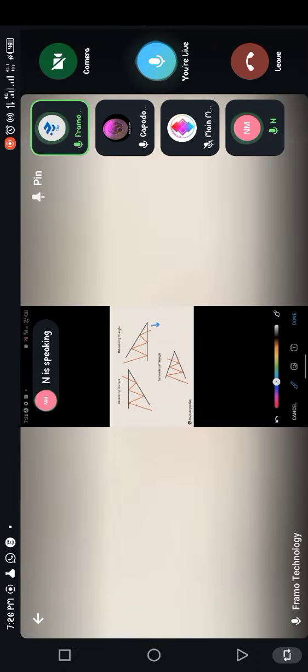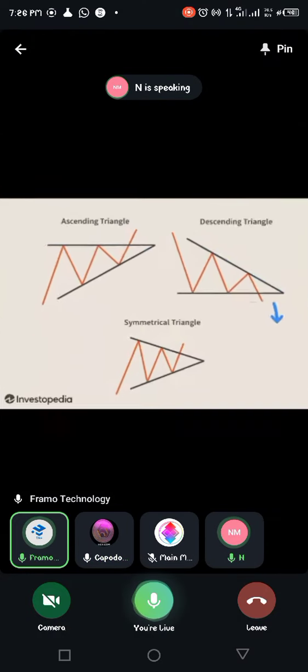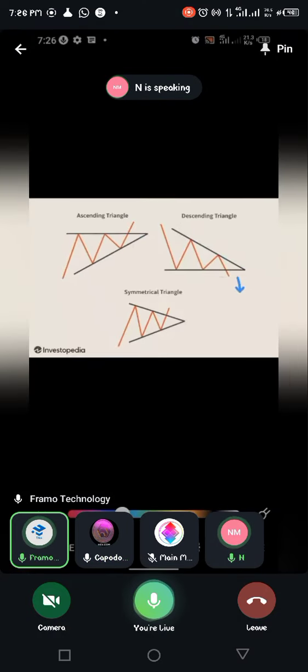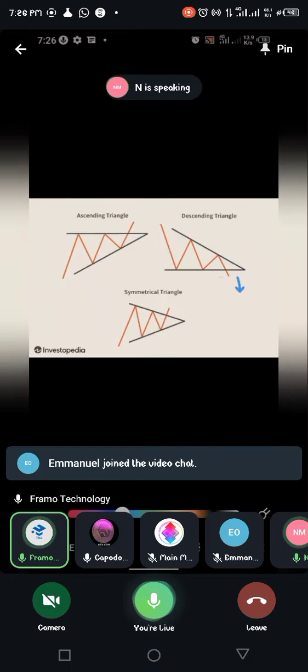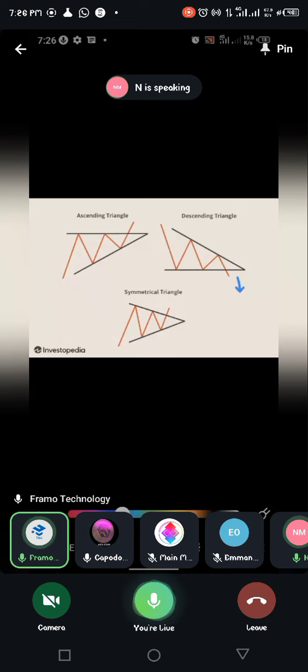Then with the symmetrical triangle, we don't have a direct horizontal line. The lines are of the same size, but there is no line that is horizontal. They all move in equal but opposite directions. So like this, we have this line below, then we have another line.